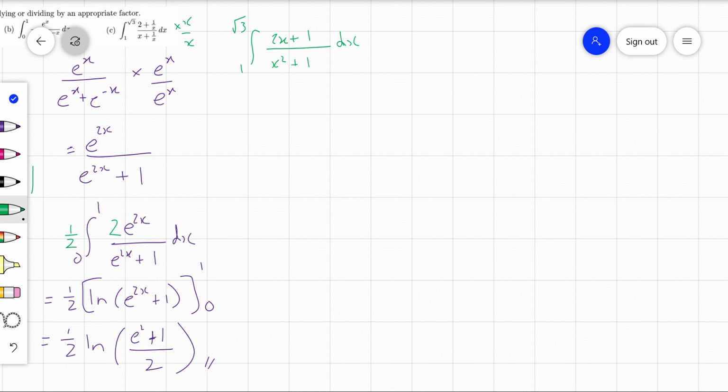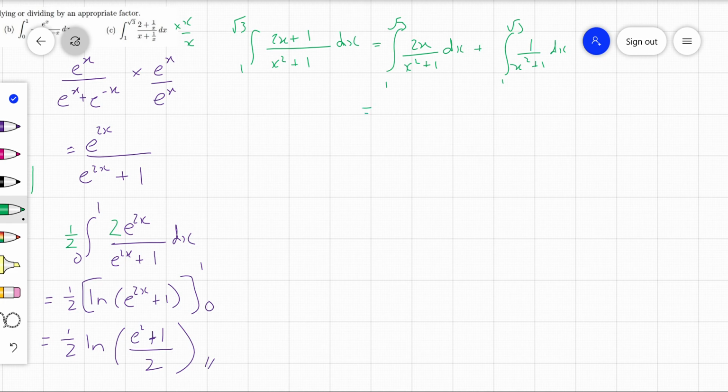Now that's nice because the derivative of the bottom is 2x, so what I can actually do is just separate them. So let's do the integral of 2x on x squared plus 1 and 1 on x squared plus 1. All right, we've still got our limits.